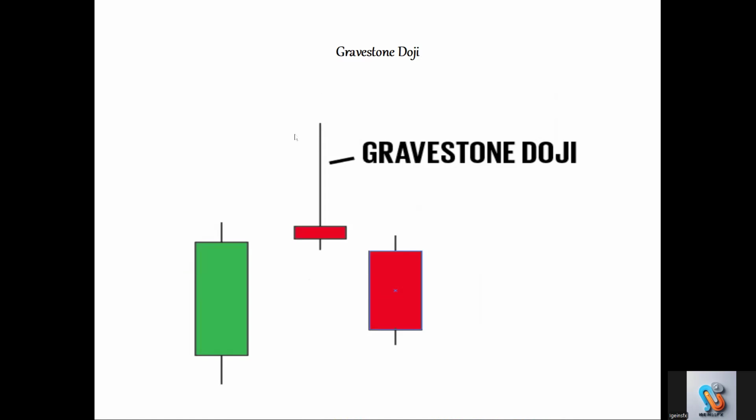Then when you get to a resistance level, you will see this formation, gravestone doji. Once it appears at a resistance level, then you know it is time to change your bias. You've been buying before, now you should start looking for an opportunity to sell.